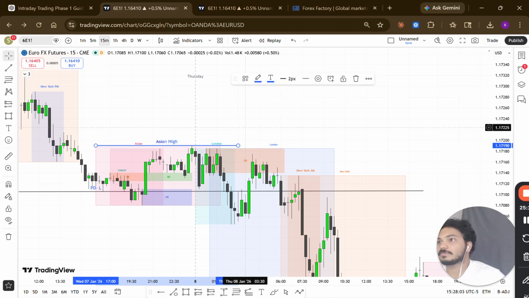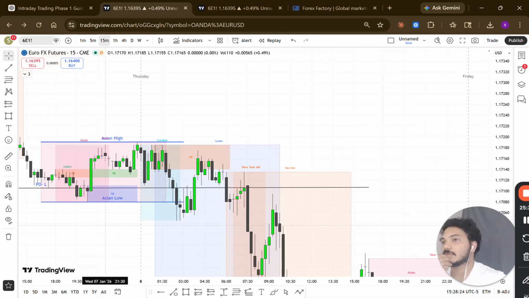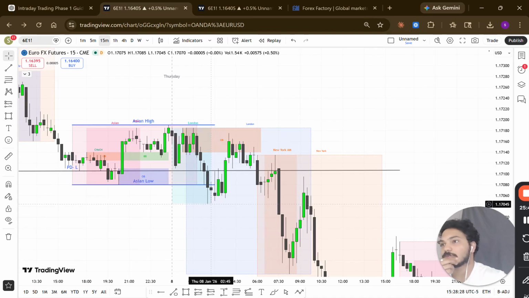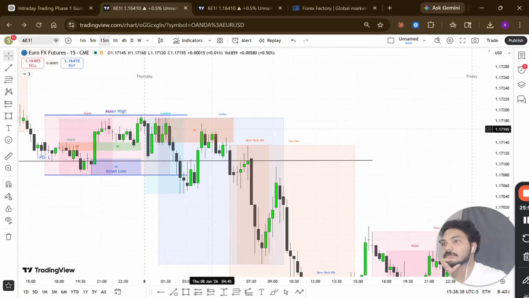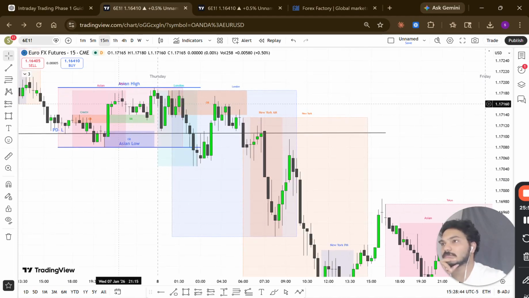Asian high, Asian low. It shorted the market that wrapped here. The sell side liquidity was hunted and it tried to tap onto that order block in the London session, and we have seen a rush. So basically accumulation, manipulation, you see this manipulation, and distribution.